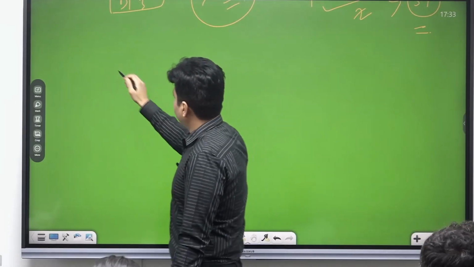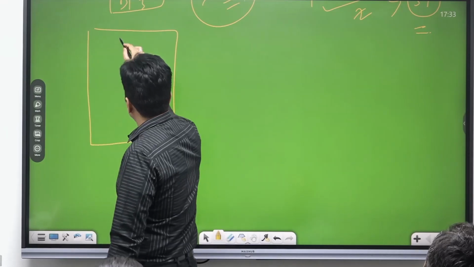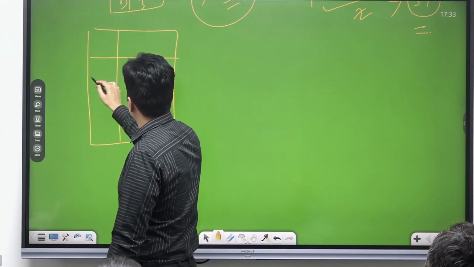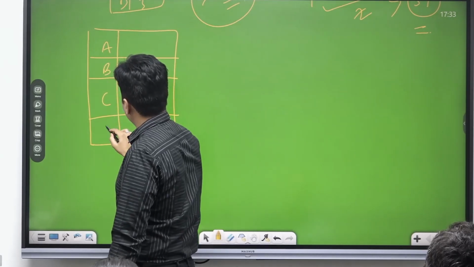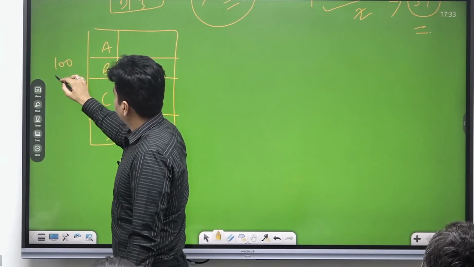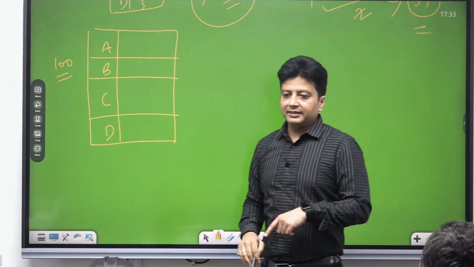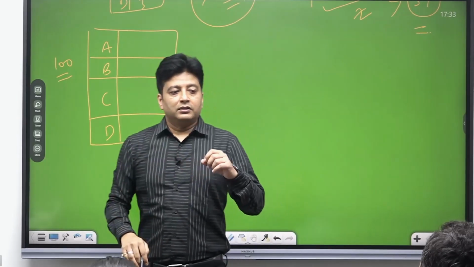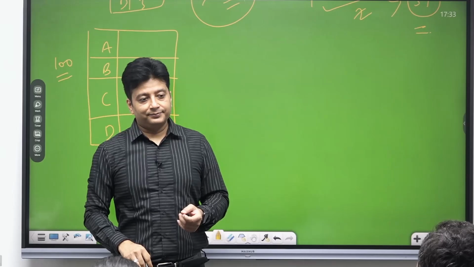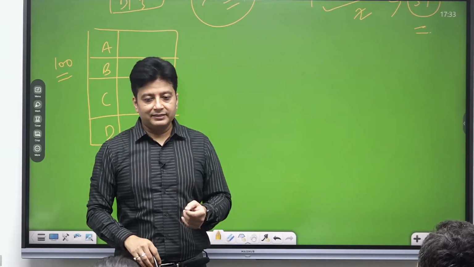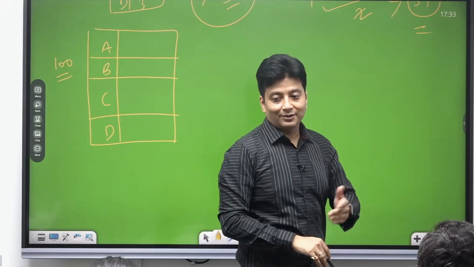So say for example, there are 4 candidates, A, B, C and D, and 100 is the value. And in this presidential election, the counting is not taking place in one round, but there are rounds wherein the preferences are counted.